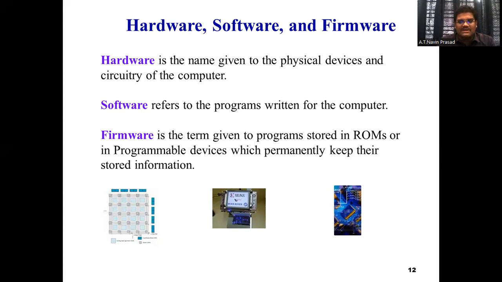We use the hard disk, which is nothing but ROM, to store the information. So this is called firmware. Hardware means physical devices such as sensors, actuators, etc. Software is a program used for operation, and firmware is a device used to store the data.